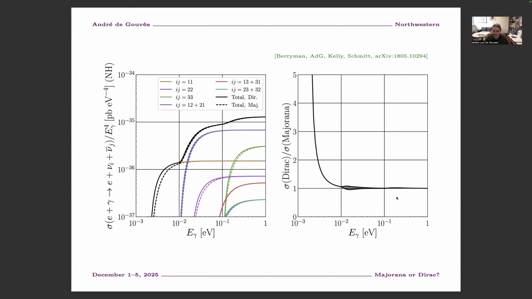And the other thing that's exciting and easy and fun to understand is as the photon energy gets bigger and bigger, you lose the ability to distinguish Majorana from Dirac neutrinos, just as I advertised for high energy processes. And high energy here means 1 electron volt. You can't tell Majorana from Dirac. If you're curious, there's a gray region over here, and that's actually what happens if you vary things like Majorana phases and so on. So it's a very exciting prospect.